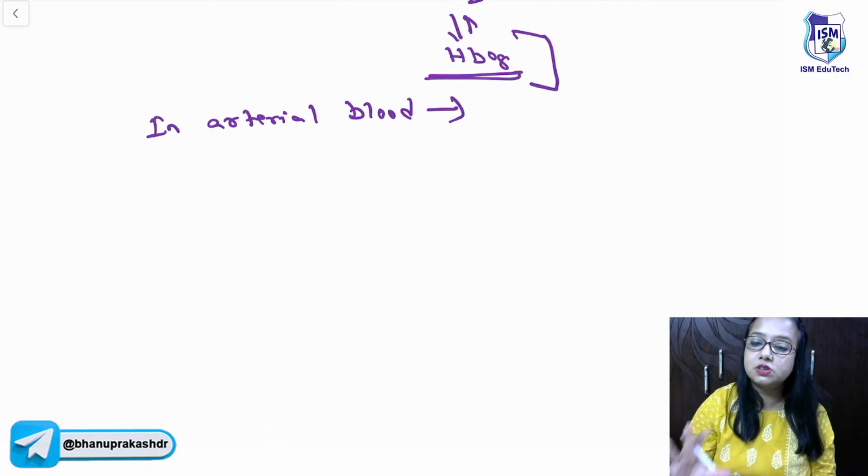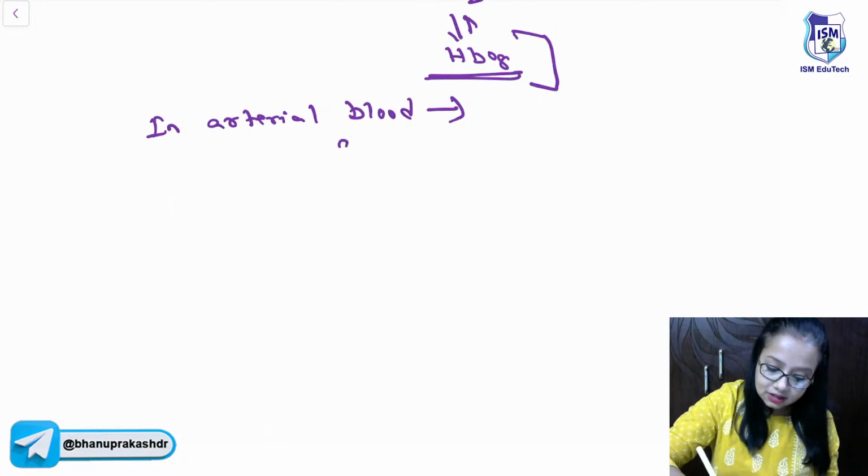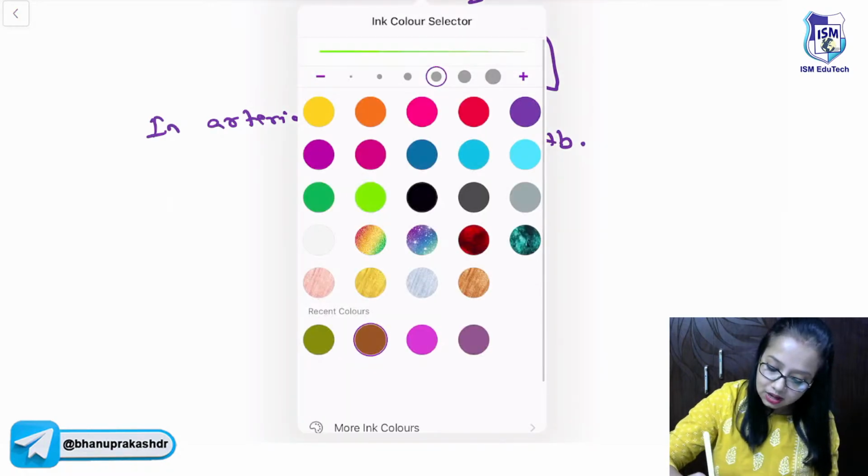It depends on how much percent of oxygen is saturated. The percent of oxygen that is saturated is about 95%, so we calculate with 95% saturated hemoglobin.